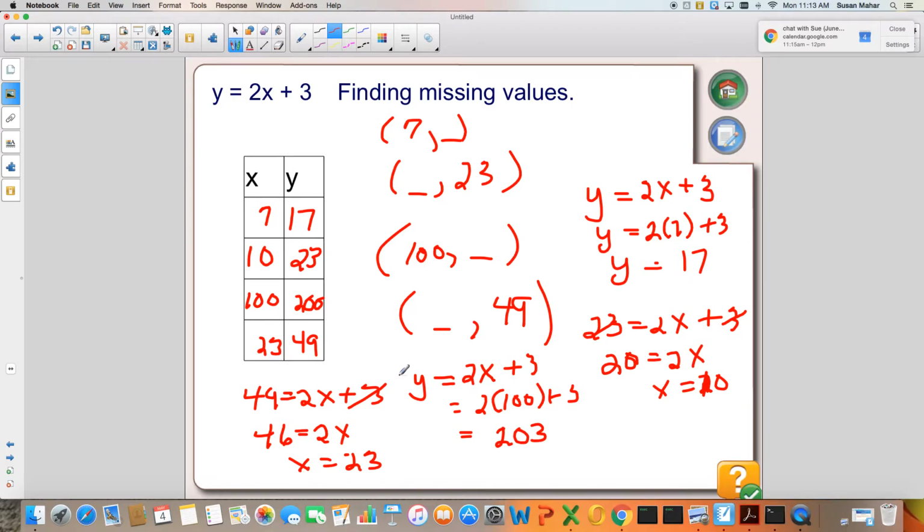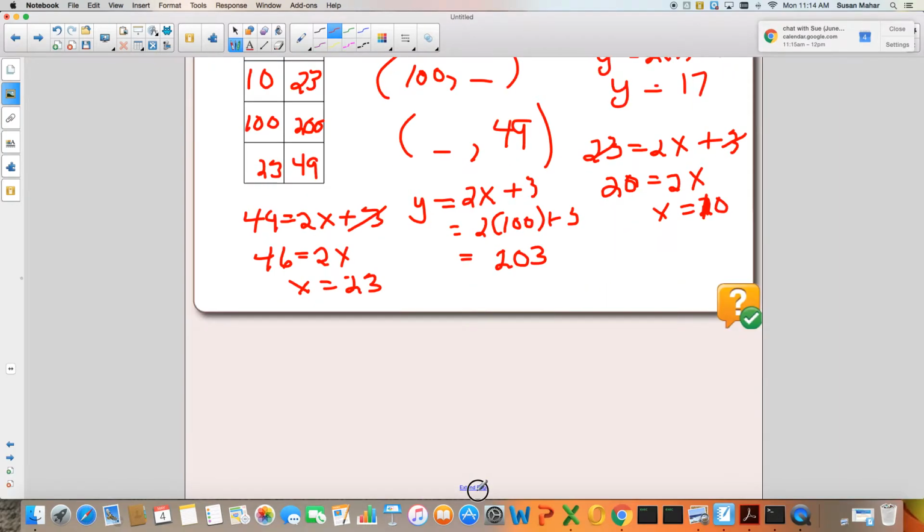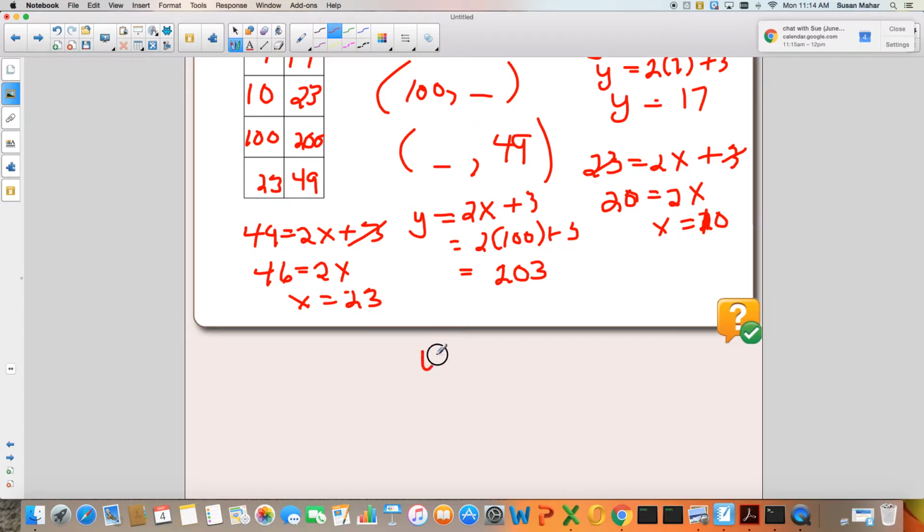We could stop at this point and we could solve our problem. Remember, our original problem asked us to look at what it's going to cost to take a 20-kilometer cab home from school. So let's take a quick moment. We can do that one. We can say y is equal to 2x plus 3.